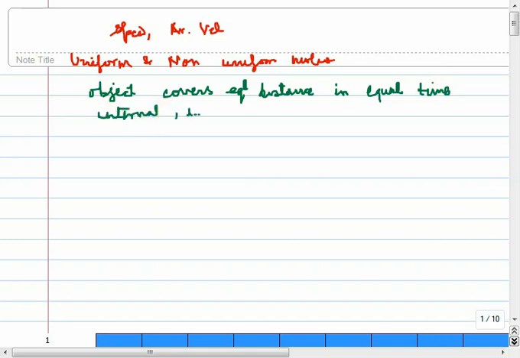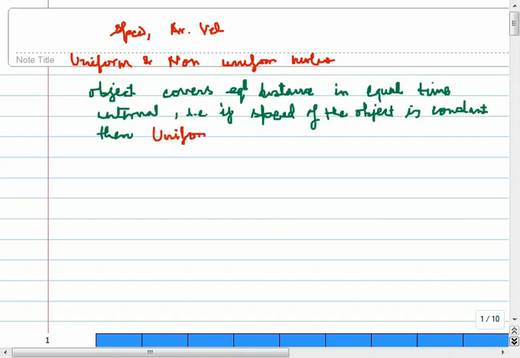That is, if speed of the object is constant, then we say that motion is uniform motion. Then we say that uniform motion is taking place. It is also called motion with uniform velocity.